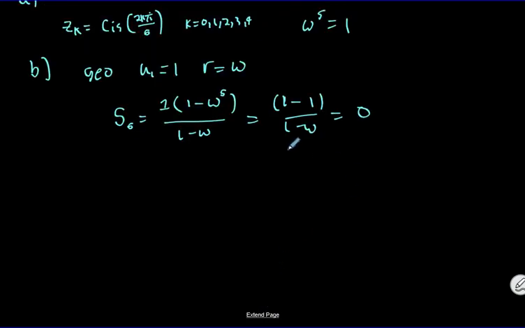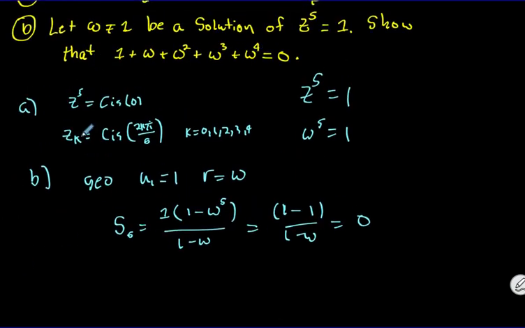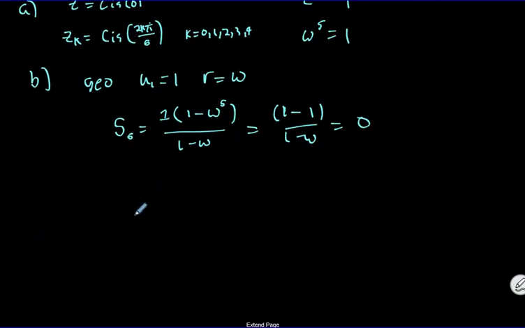And this expression here is this sum right up here. So now I know, therefore, that 1 plus omega plus omega squared plus omega cubed plus omega to the fourth, that sum, we showed is equal to 0.